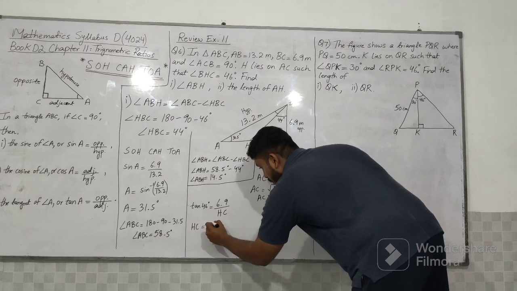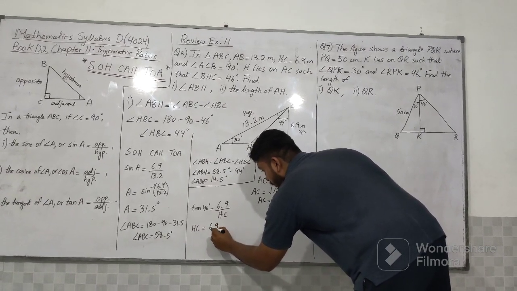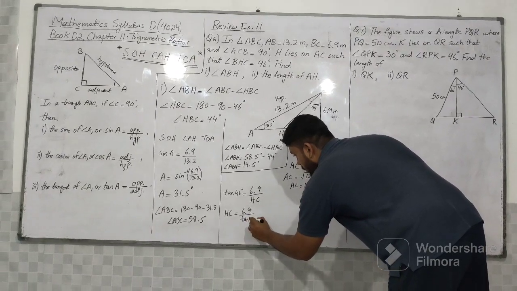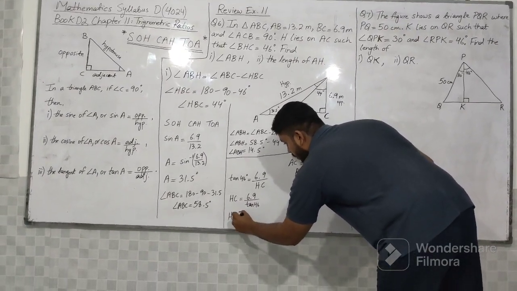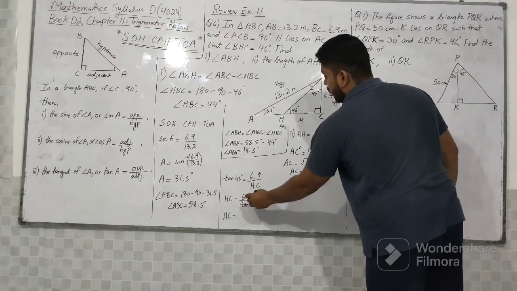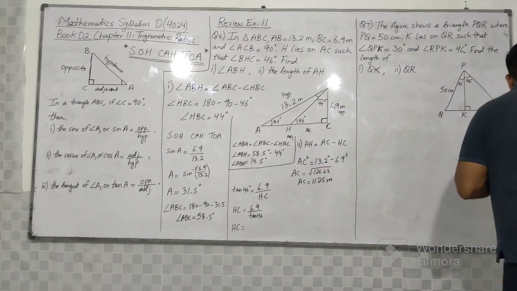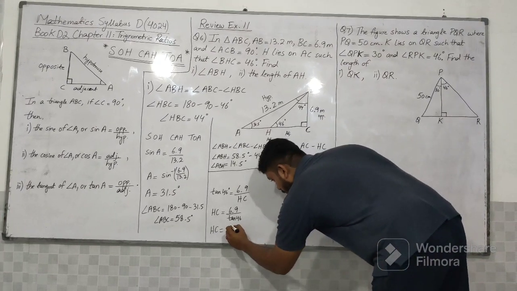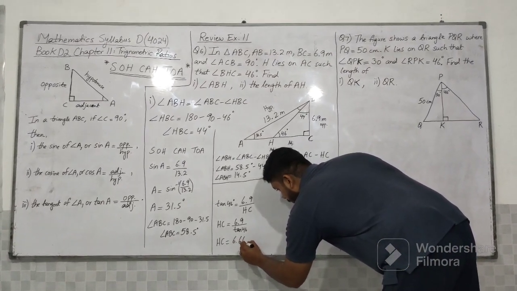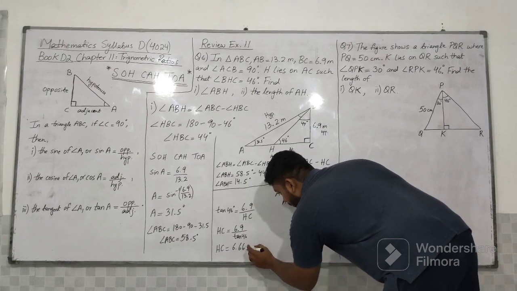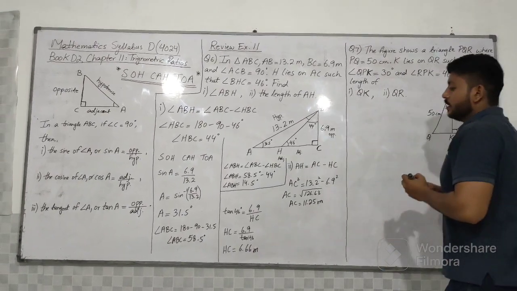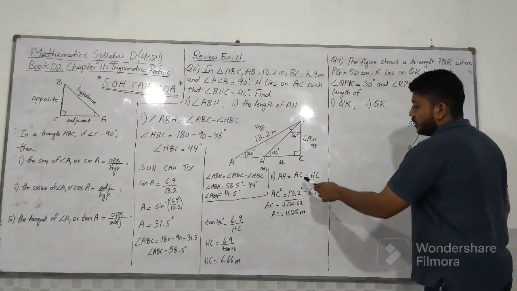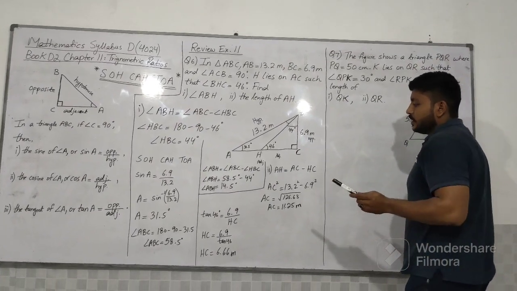So HC will be equal to 6.9 over tan 46. If you put this into the calculator, your answer will be 6.66 meters. So now we have AC as well as HC.